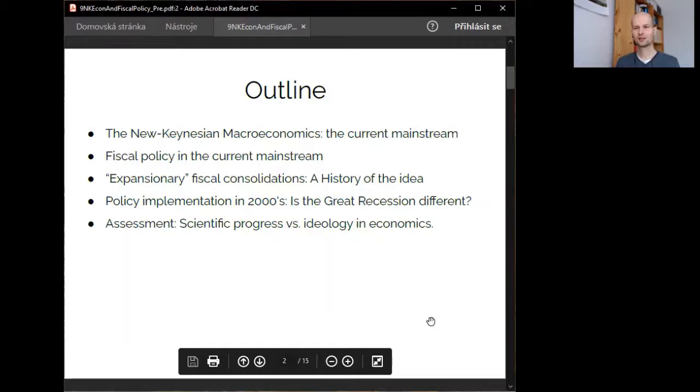Here's the outline. We'll talk about the new Keynesian macroeconomics and the features of the current mainstream here.